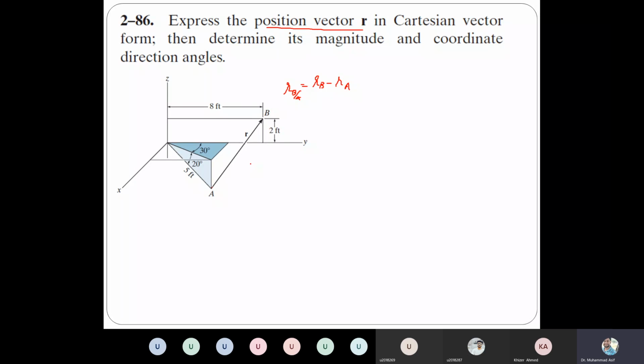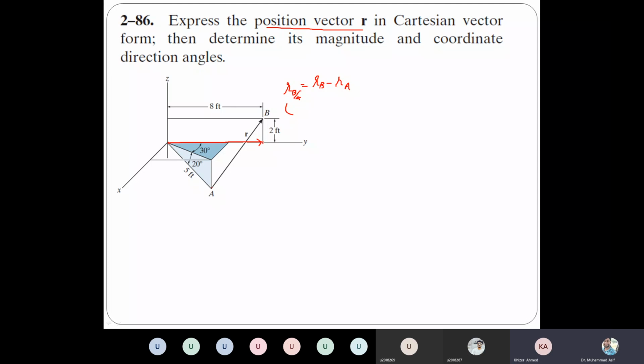So let's first try to calculate the coordinates of B. What are the coordinates of B? We have to start from the origin. If we start from the origin, we have to move in the y direction. How much do we have to move? Up to here. How much is that distance? 8 feet.